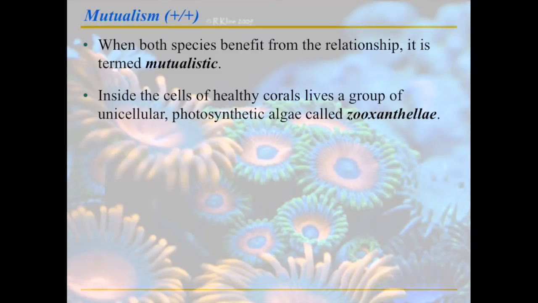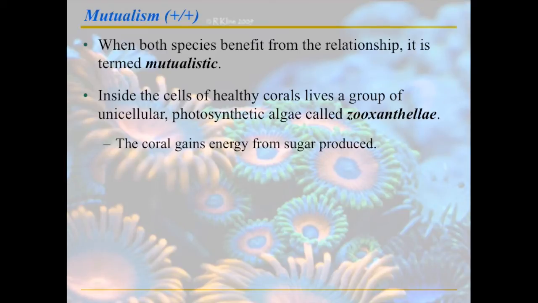And so if you look at the inside of healthy corals, and that nowadays is an important thing to remember, healthy corals, there are fewer and fewer of those around, you have a set of photosynthetic algae. And these algae are called zooxanthellae. And these zooxanthellae are inside the cells of these corals, inside the tissues, I should say, of the corals.